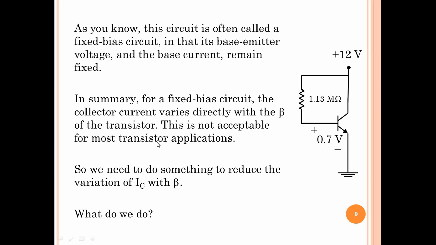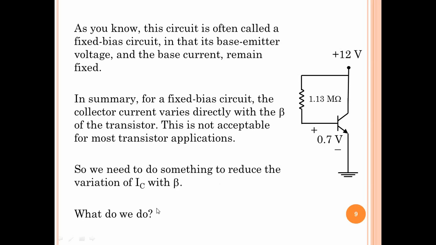I am adding this without any explanation for why it is not acceptable, but let us just say that for most transistor applications, what is needed is that the collector current not vary by more than about plus or minus 10%. So now we have to do something to reduce the variation of IC as beta varies.